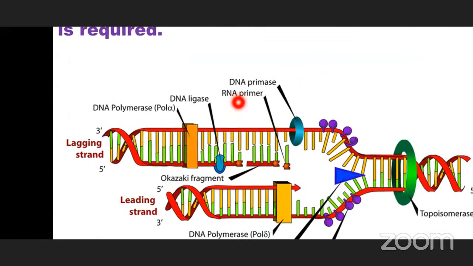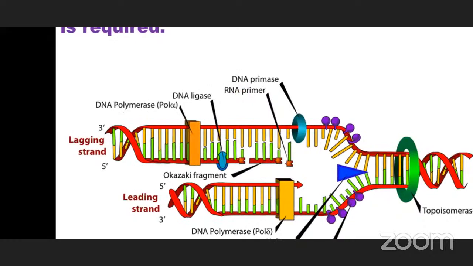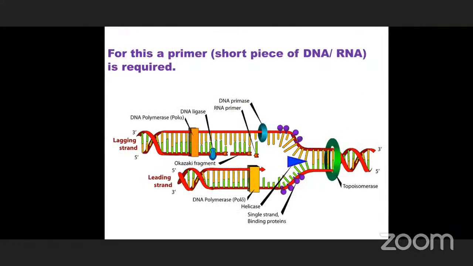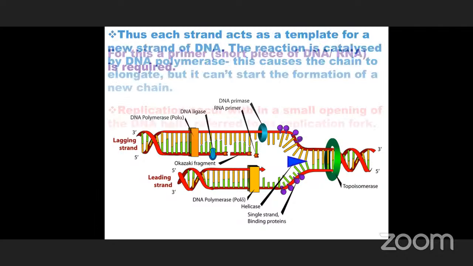This RNA primer is very essential for the initiation of the replication process. A primer is nothing but a short piece of DNA or RNA, used for the initiation of DNA replication.